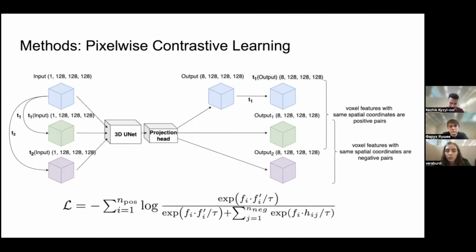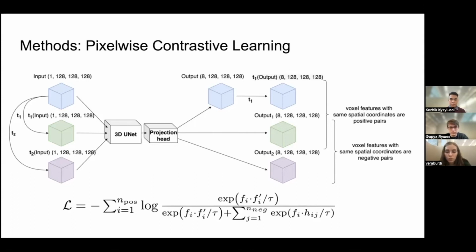Every voxel in this image has a feature vector corresponding to it. We want voxel features with the same spatial coordinates to be positive pairs in T1 of output and output 1, while voxel features with the same spatial coordinates in output 1 and output 2 we want to be negative pairs.